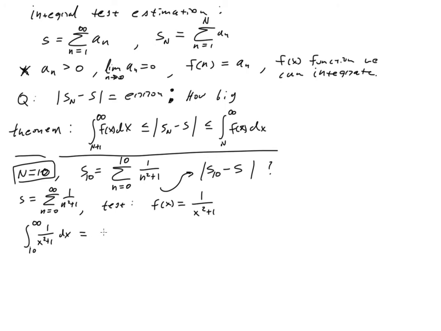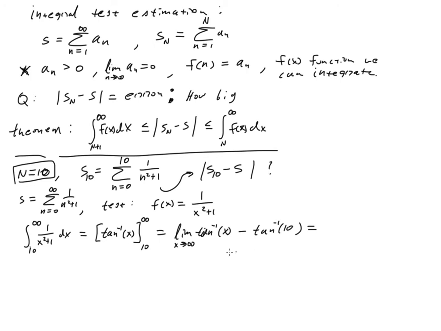This particular integrand has a nice antiderivative. It has the inverse tangent antiderivative. So we can use the fundamental theorem of calculus, from 10 going up to forever. I'm going to do this carefully by writing that out there, minus inverse tangent at 10.